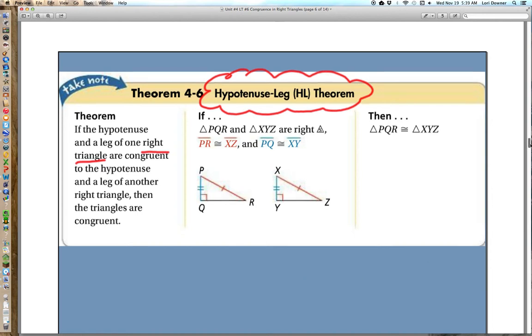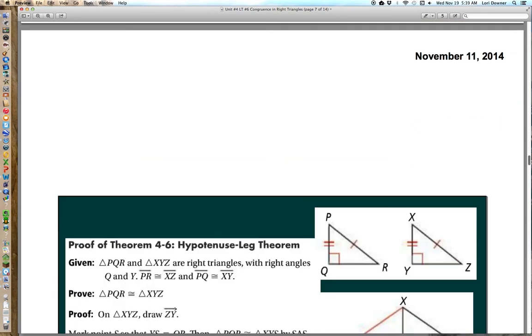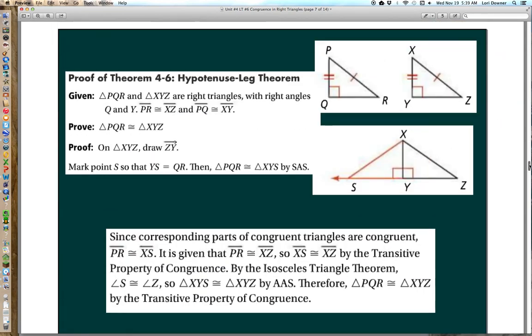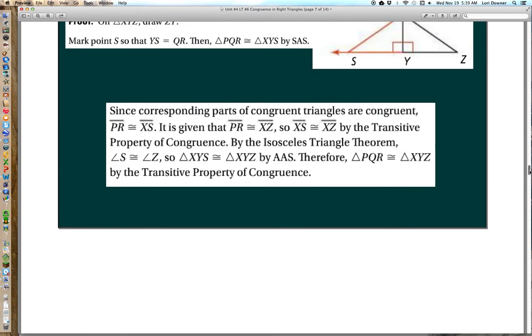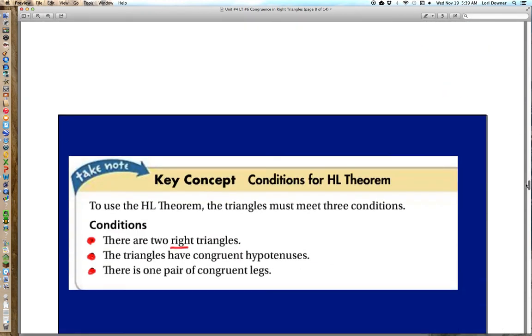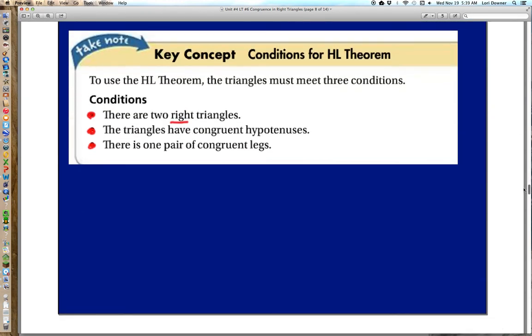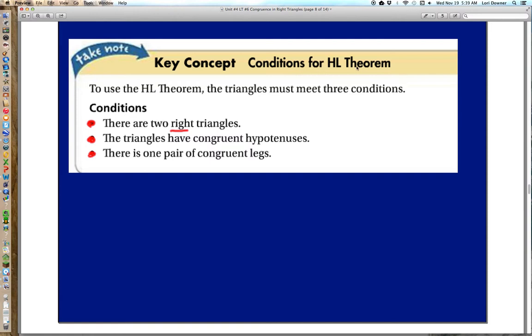All right, we're going to do a few proofs, and then I'll let you practice this. I'm going to skip through this one. I'm going to remind you that the conditions for this HL theorem, the hypotenuse-leg theorem, and you can just call it HL theorem, that's fine. The conditions are that there are two right triangles. It only works for right triangles.